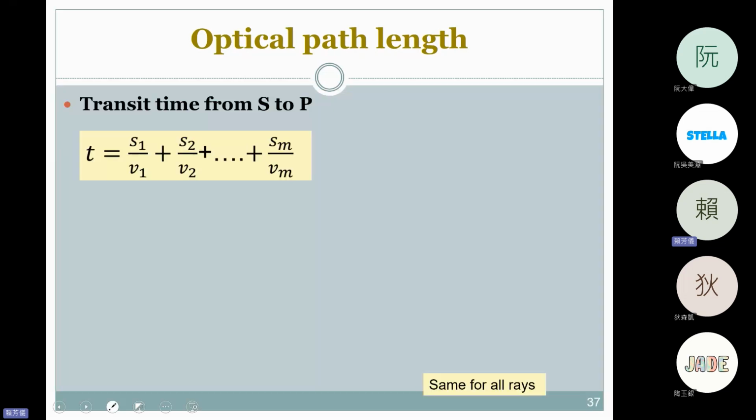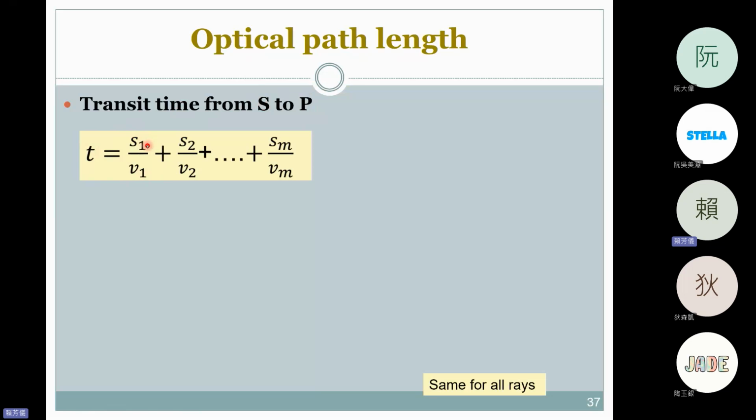We know that the transit time from S to P is the distance divided by the velocity. When it travels in different materials, the velocity of the light will be different.